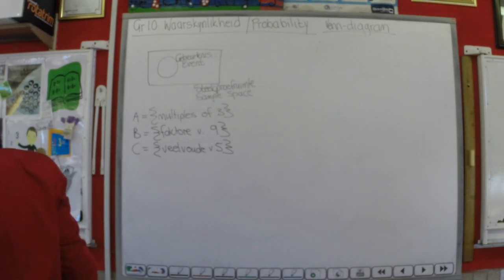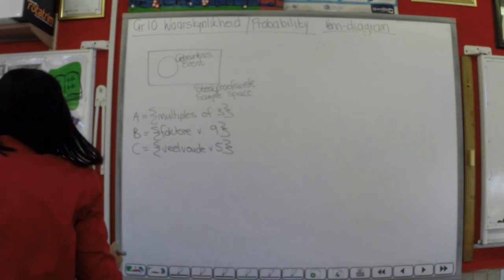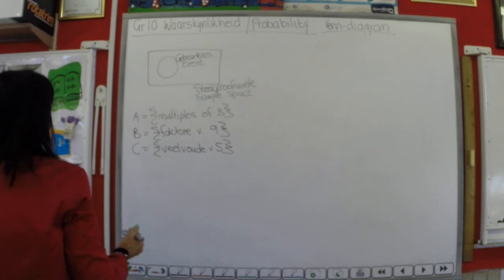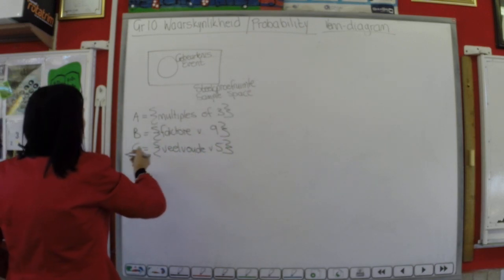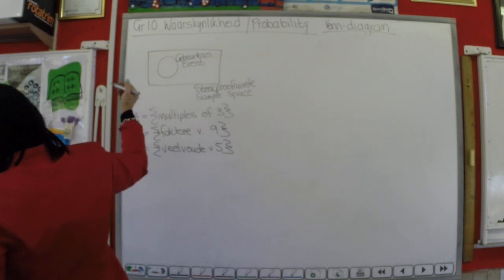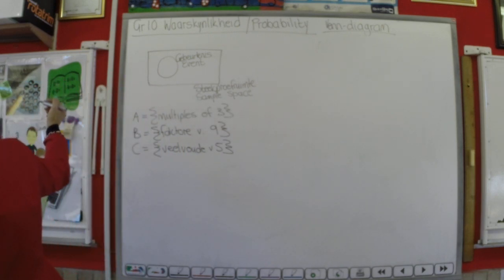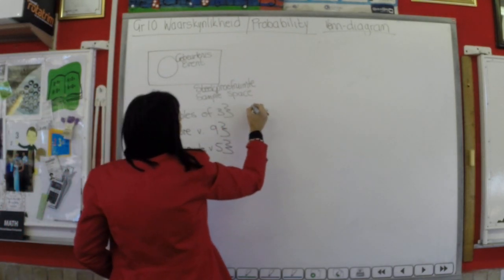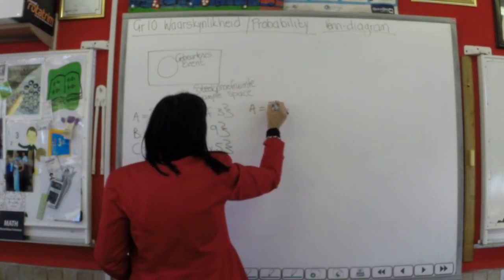Dis 'n dobbelsteen met 12 kante en dis die 3 gebeurtenisse en nou sê hulle lys die uitkomste van 'n versameling. List all the outcomes of these events. So let's start with A. We've got A, the multiples of 3.